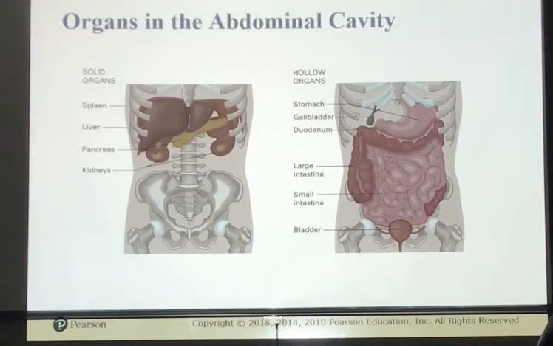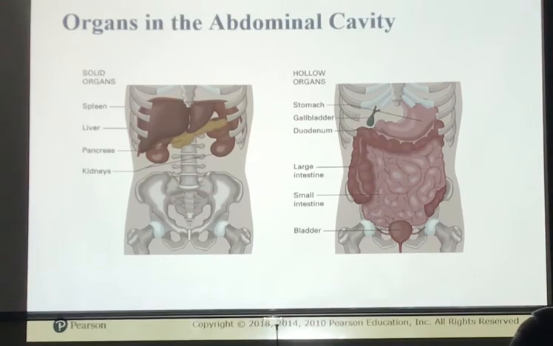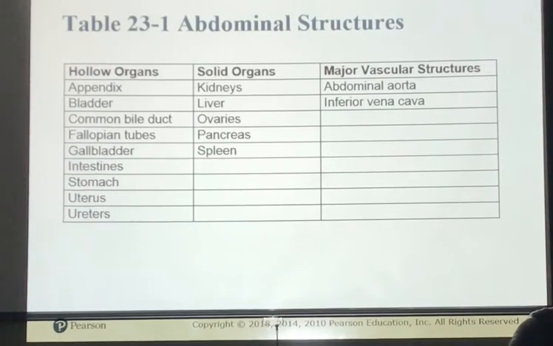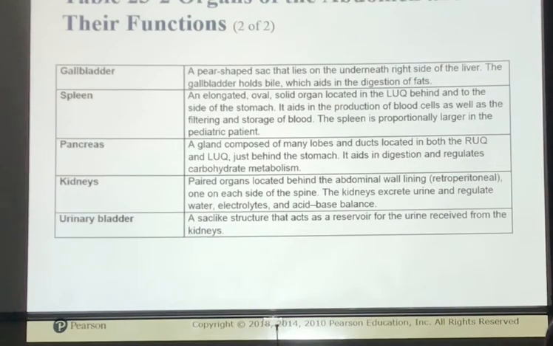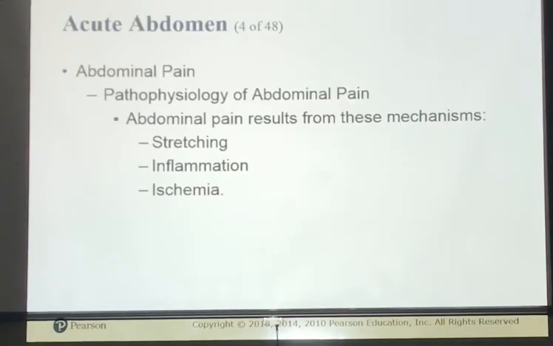Alright, the functions of most of the organs contained in the abdomen involve the digestion of food, absorption of nutrients into the body, and the excretion of waste. Alright, you got a table of solid organs, hollow organs, and major vascular structures. Table 23.2, organs of the abdomen and their functions.